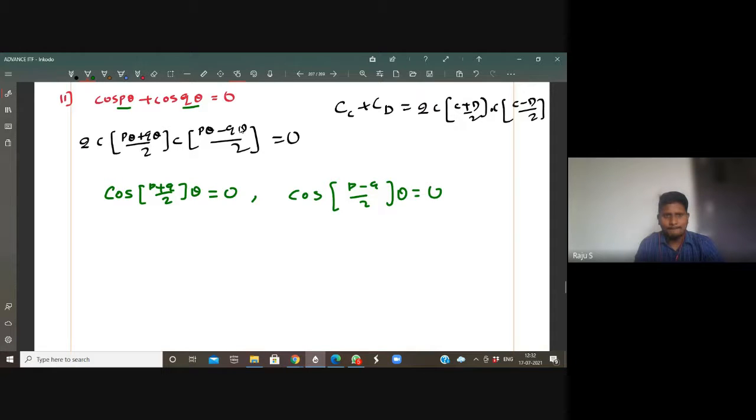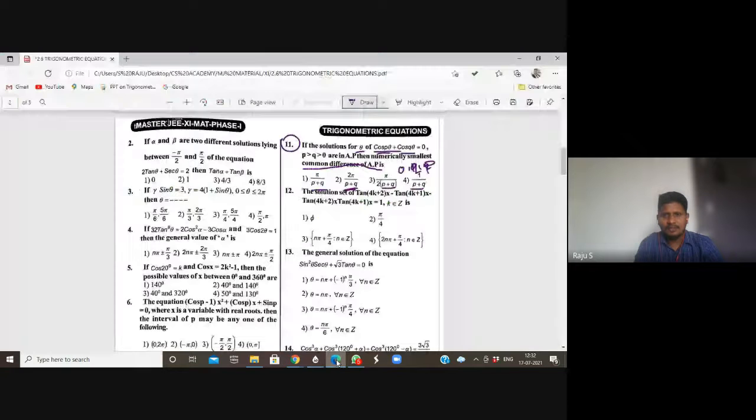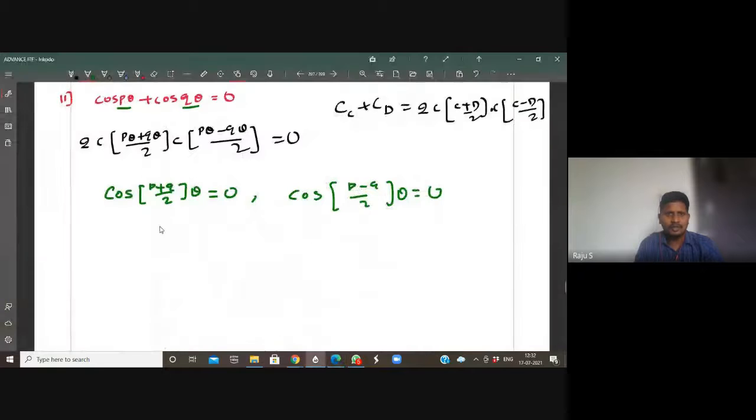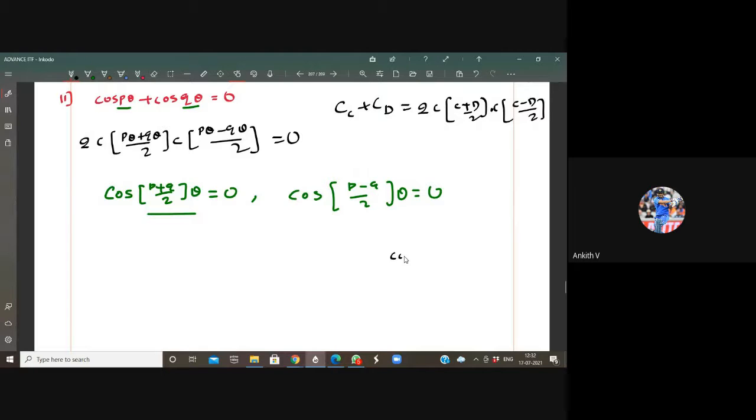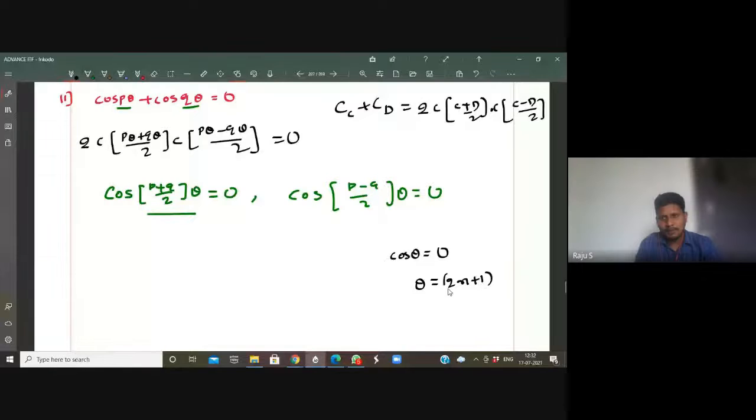Students, in every option p plus q is there, so I want to take just the first condition. What is the general solution when cos of theta is equal to 0? Theta is equal to 2n plus 1 into pi by 2.